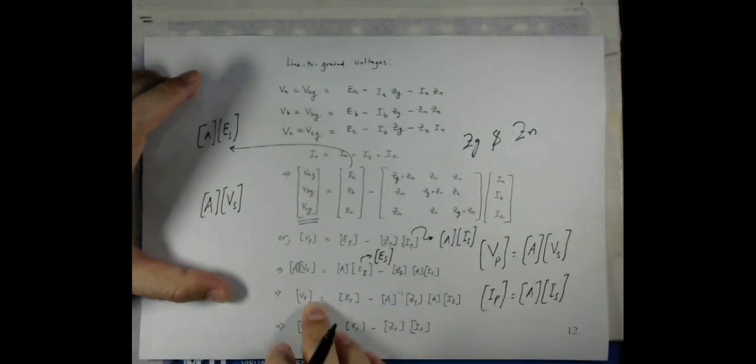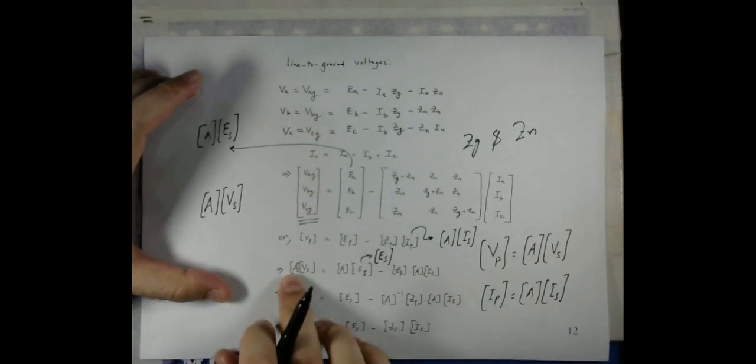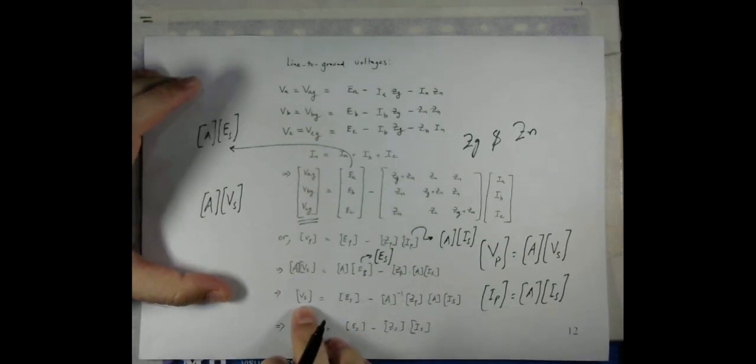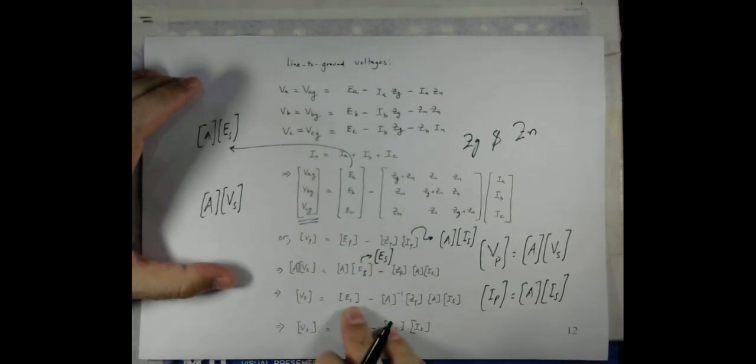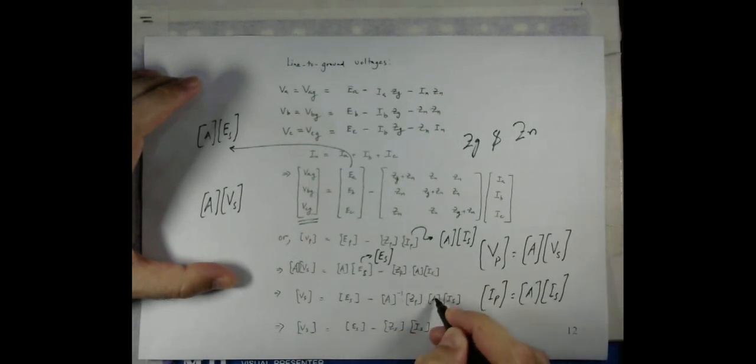So now, taking inverse of the transformation matrix on both sides, we will get Vs, sequence voltages, equal to Es minus A inverse impedance matrix into transformation matrix Is. So now a product of these three is reduced to what we call sequence impedances.